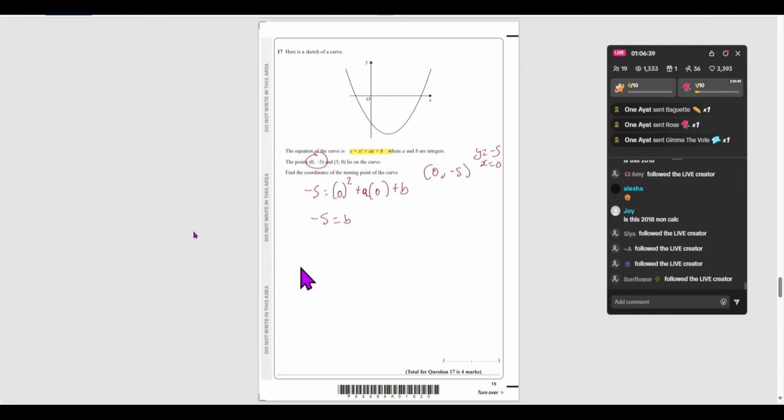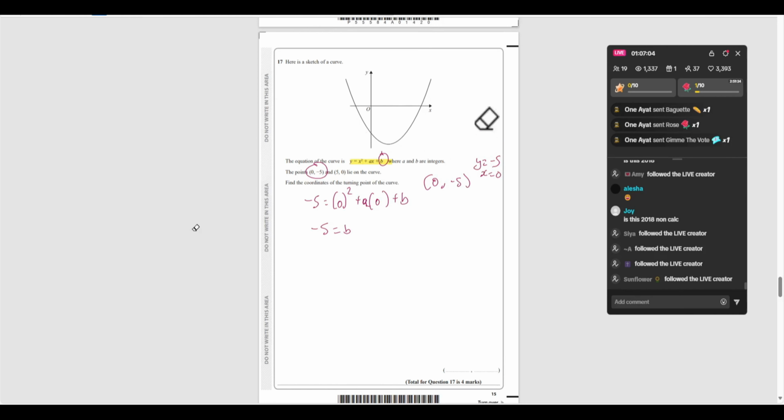Now, once you find the value of b, we're going to do the same thing, but we have to find the value of a now, okay? So we use our other coordinate to do this. So I'll rub this out now.